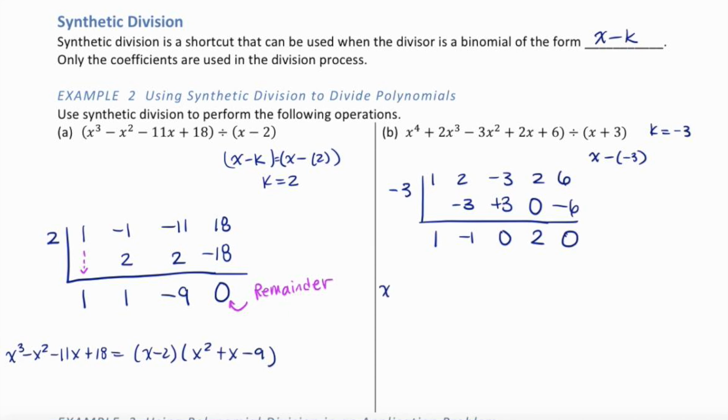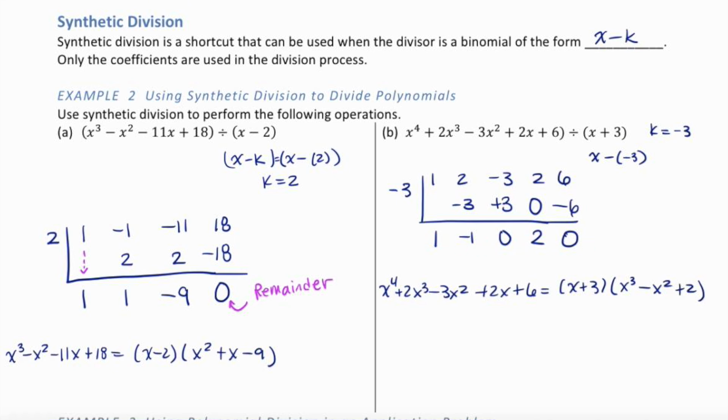So we have x to the 4th plus 2x cubed minus 3x squared plus 2x plus 6 equals x plus 3 times x cubed minus x squared plus 2. Notice this 0 coincides with the x term, and that's just gone.